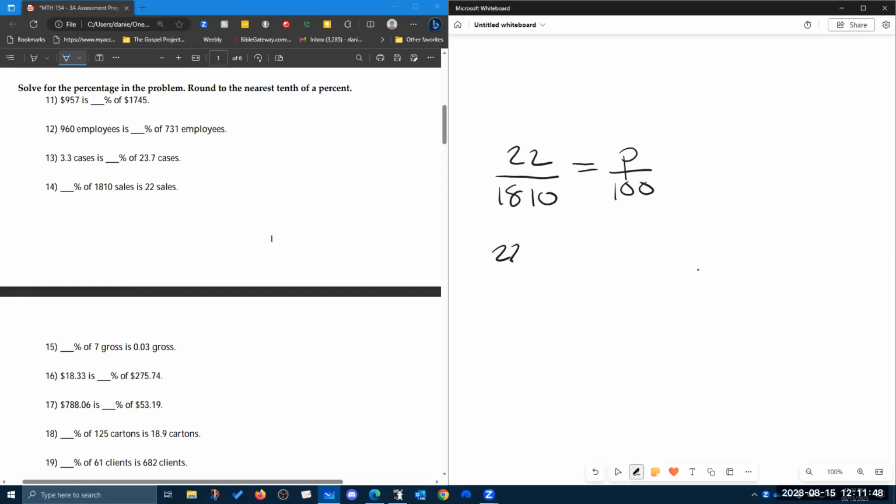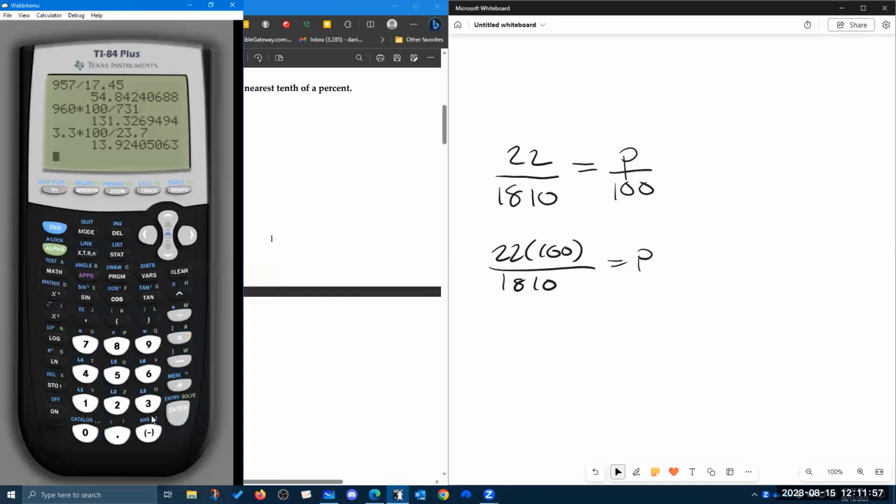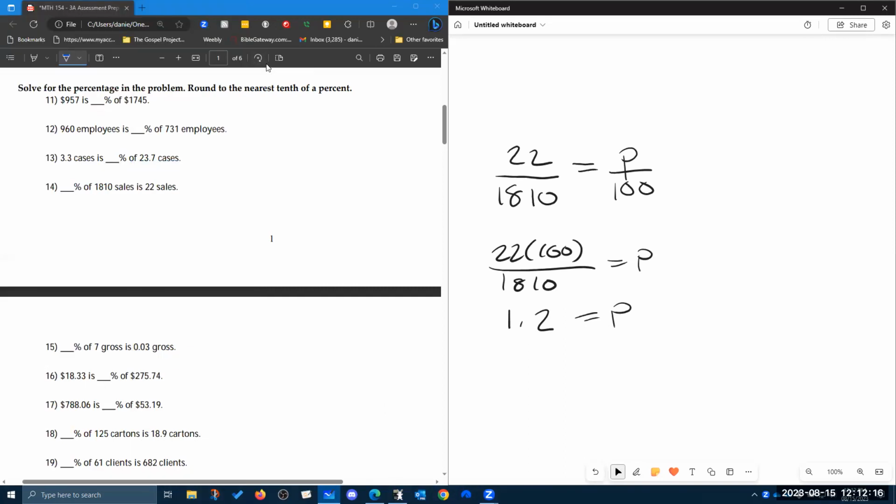So 22 times 100 divided by 1810 equals P. And this is going to be 1.2 equals P. I've been going to the nearest tenth of a percent because that's what the instructions told me to do.